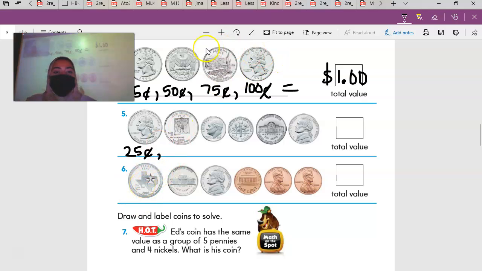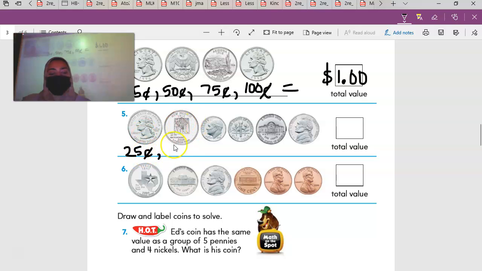On the front, all quarters look the same, they all have this picture on it. But on the back, sometimes they put the different states. And it doesn't make it a different value or a different coin. It just changes the design on the back. But if the front says Liberty on it, and it looks like this, then that's a quarter. So they're just trying to show you that.